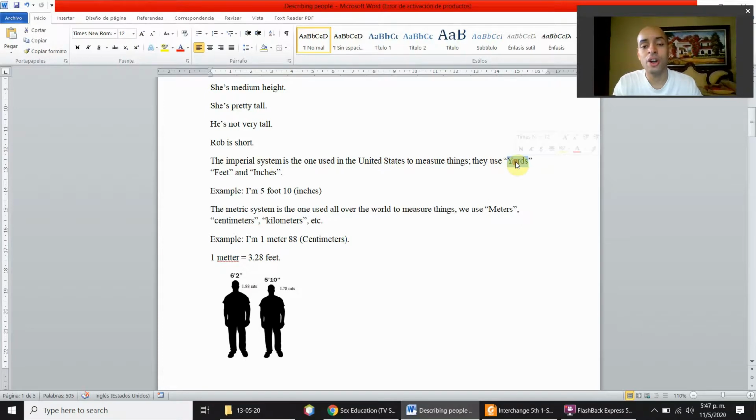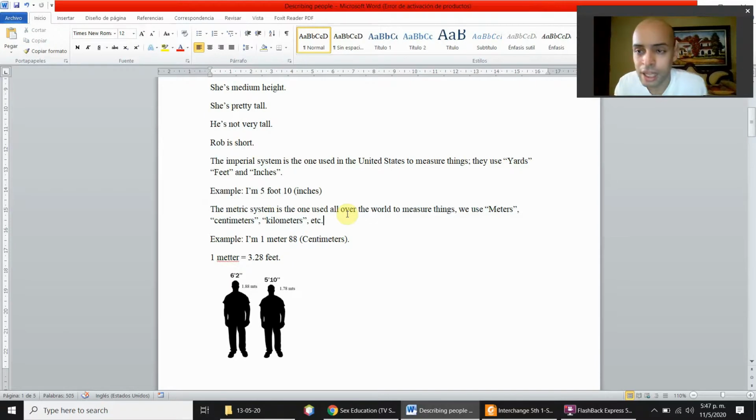They use yards, feet, and inches. For example, I'm 5'10". This is the imperial system. The metric system is the one used all over the world to measure things. The metric system uses meters, centimeters, kilometers, etc.